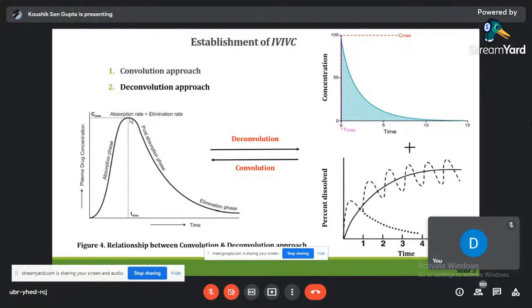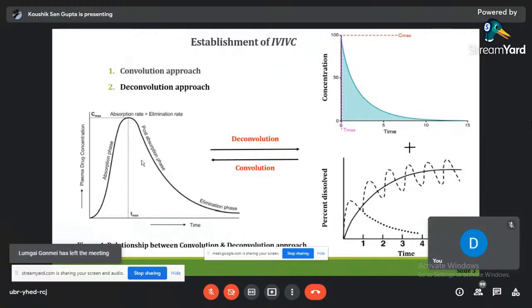After this plateau phase, the elimination phase is mainly there. The first phase of this graph, in the right hand portion, is the post-absorption phase. Post-absorption means here the rate of absorption is a little bit lesser than the rate of elimination.